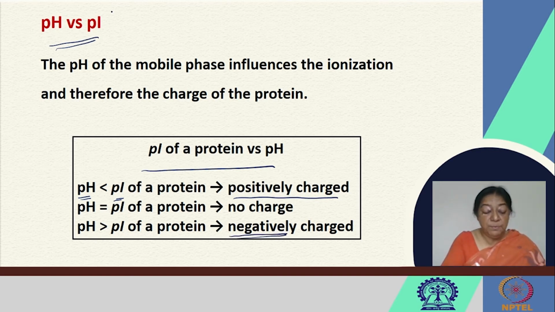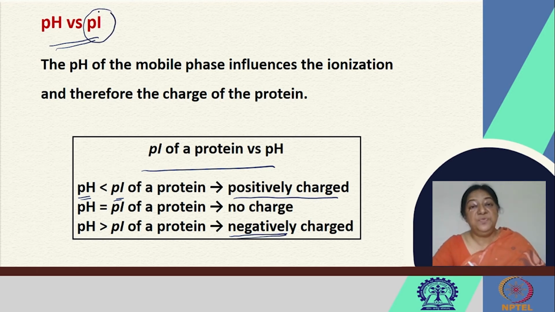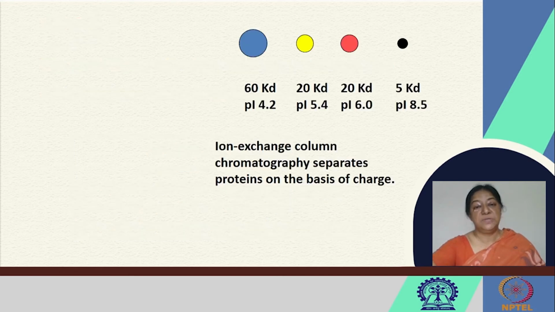So depending upon the pI of our protein of interest, if we are aware of it, say we know it is an acidic protein or we know it is a basic protein, based on that we can choose the pH at which we are going to conduct our ion exchange chromatography experiment.